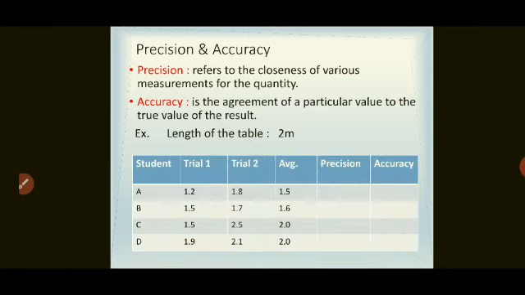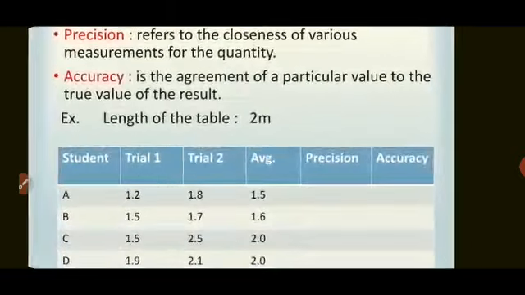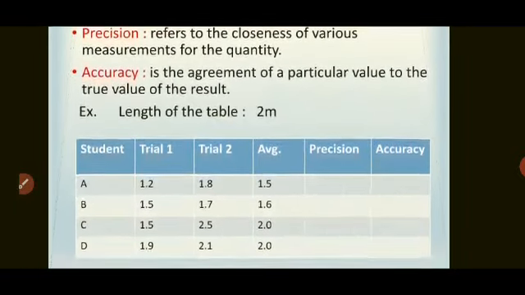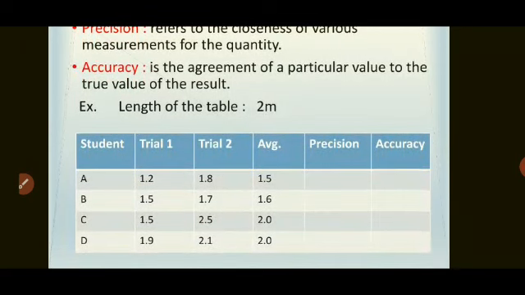Four students A, B, C, D have taken readings as trial 1 and trial 2, all values in meter. First, student A gives the results 1.2 and 1.8.